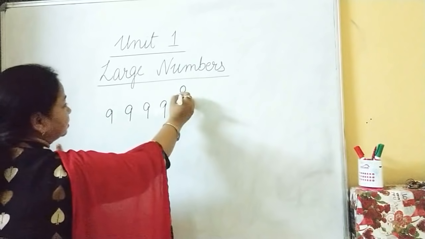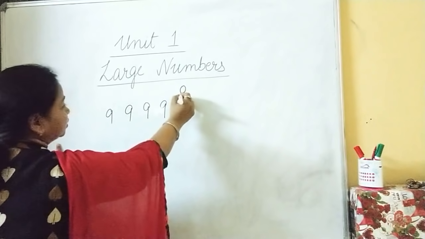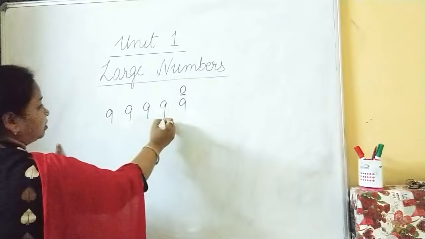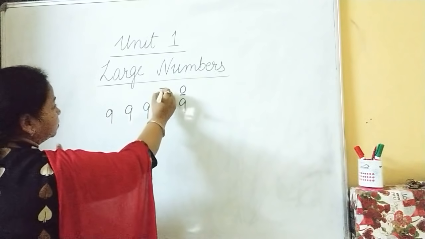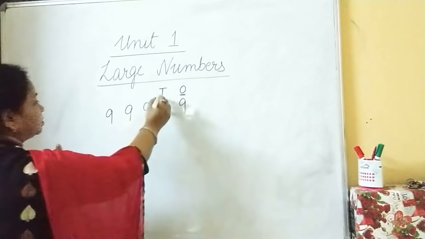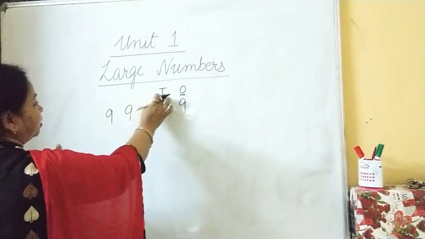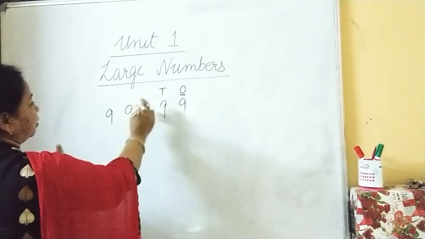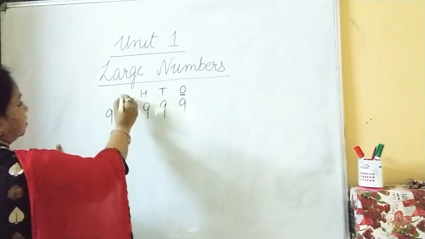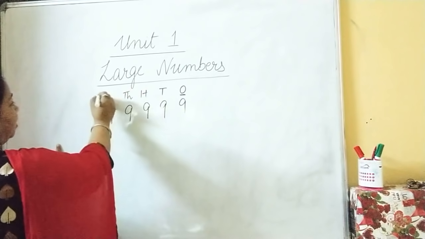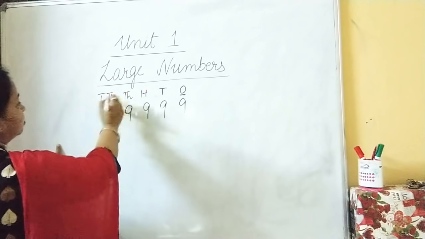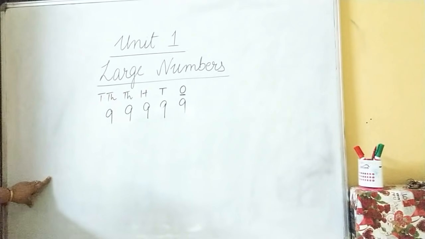This 9 is seated at the ones place. This 9 I have asked to sit at the tens place. The other one is at the 100 place. Next, 1000, and of course the next one is at 10,000.